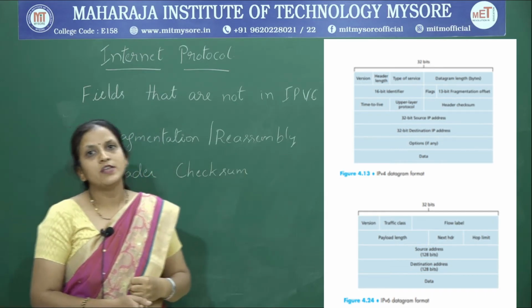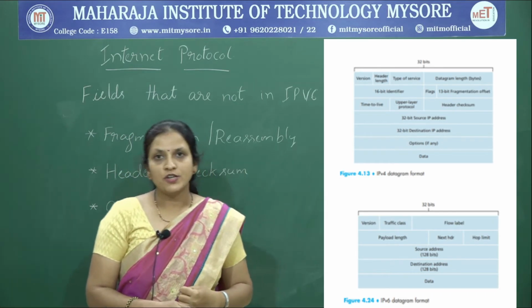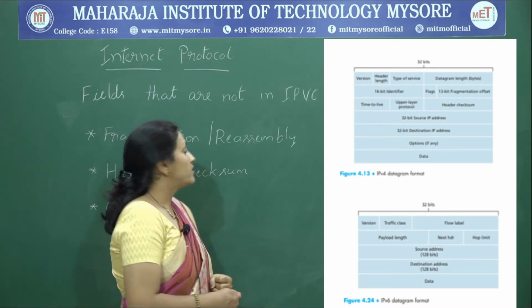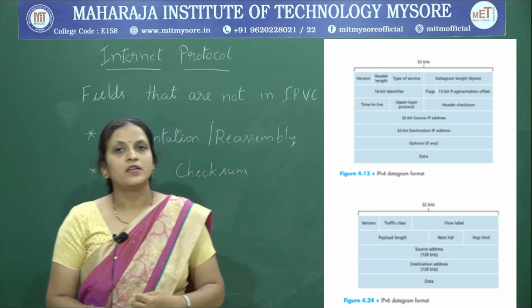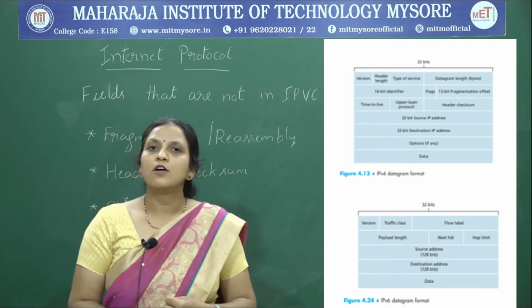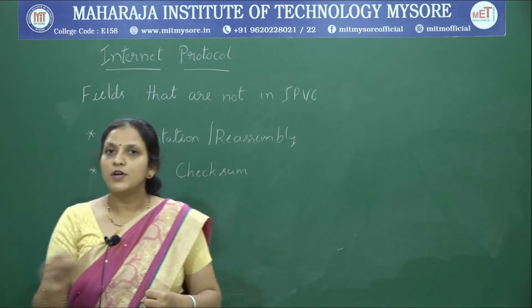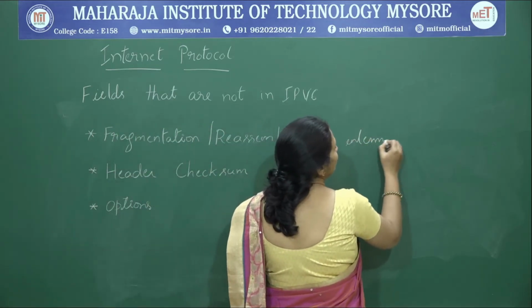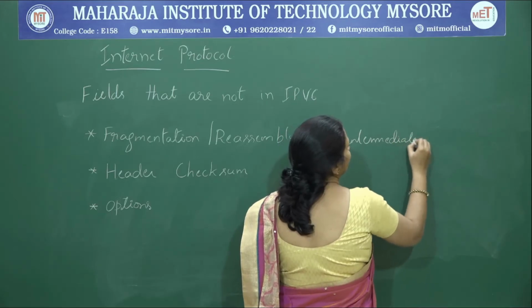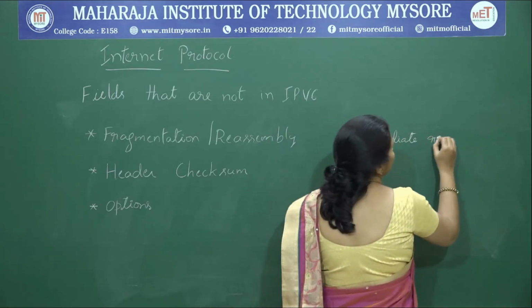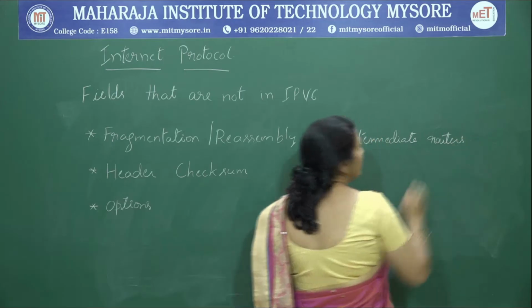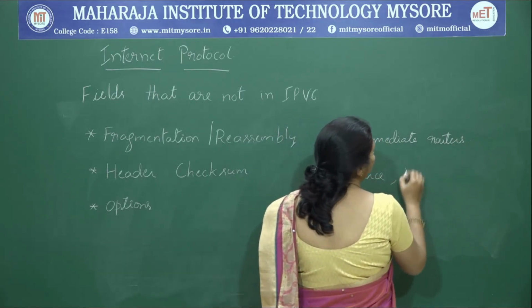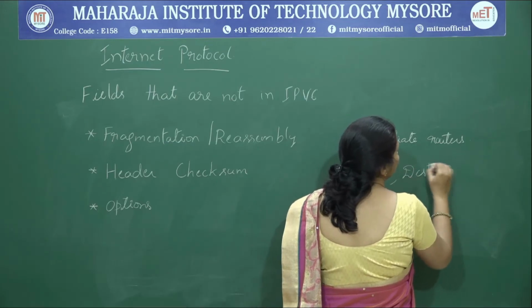In case of IPv6, it is clearly understood that the fragmentation and reassembly of the data inside the datagram is not going to be done in the intermediate routers. It can be performed only in the source and destination nodes.